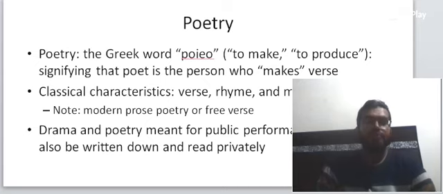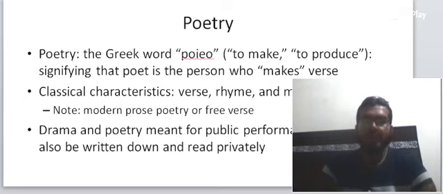The third main genre of literature is poetry. Now, again, poetry is derived from the Greek word poio, which means to make, to produce, and it signifies that poet is the person who makes verse, who creates poetry.